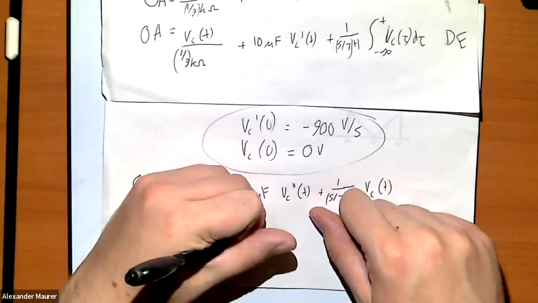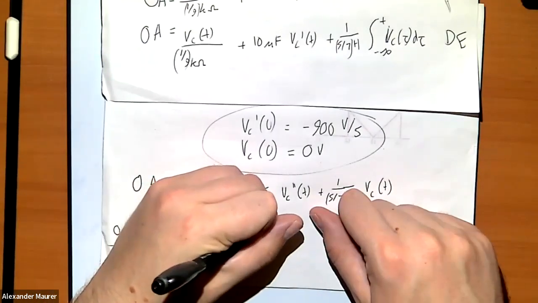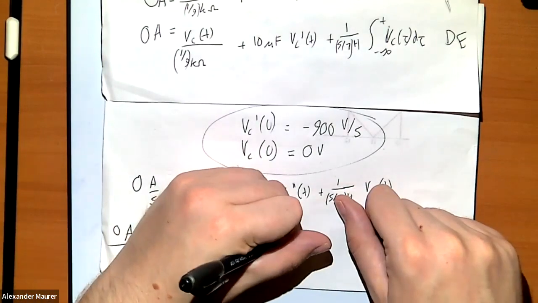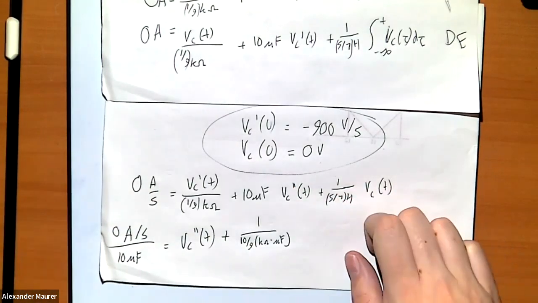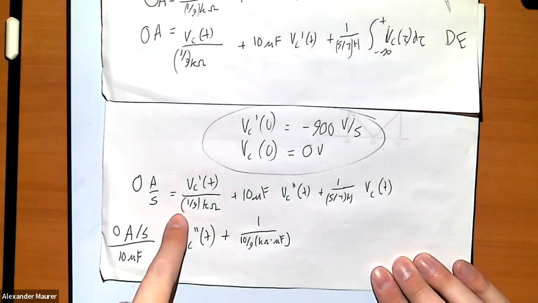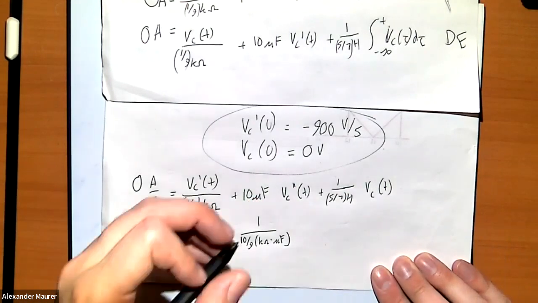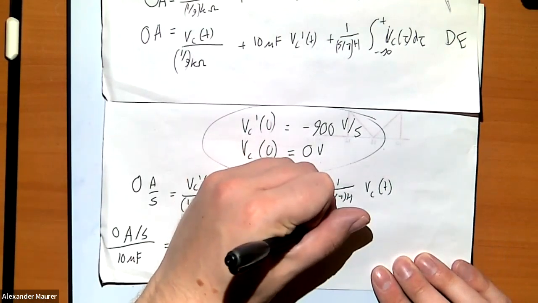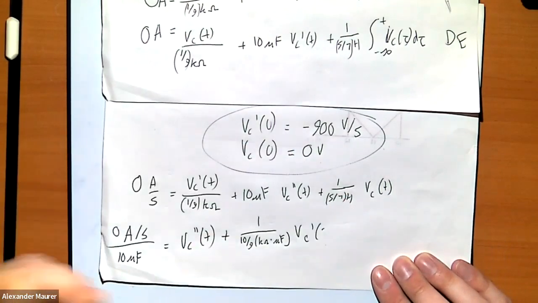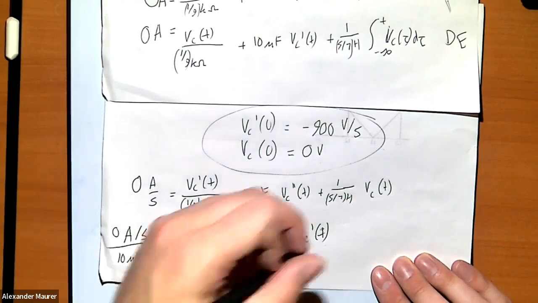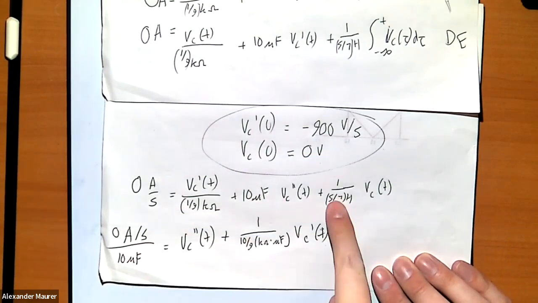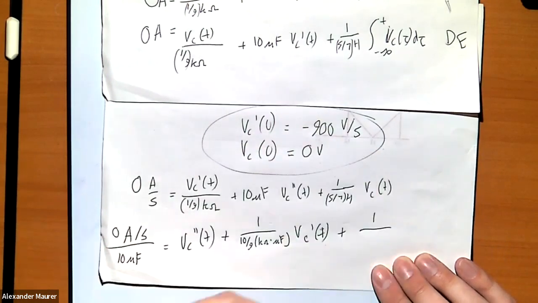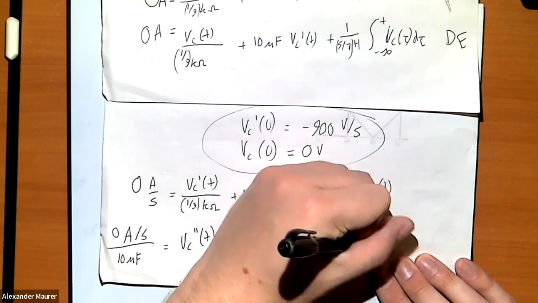So we'll just do 10 ninths kilo ohms times microfarads, because I'm just dividing the 10 microfarads down here. VC prime of t plus, okay, we're dividing this down here. This is going to be 1 over 50 over 7.